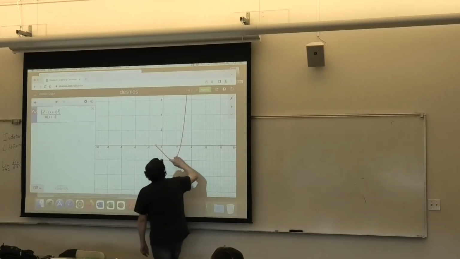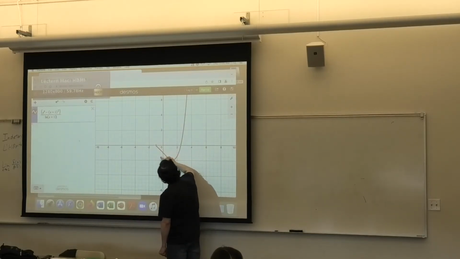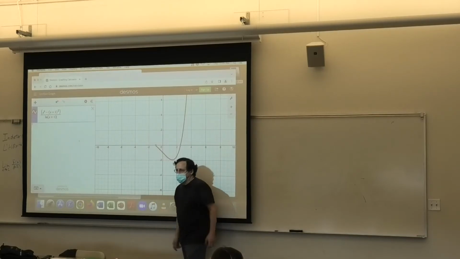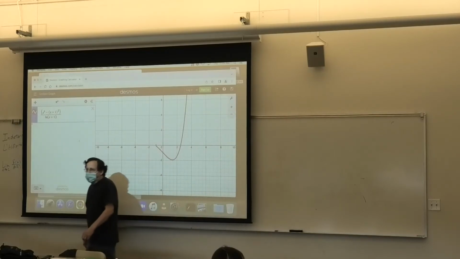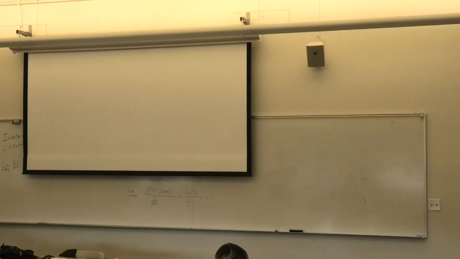We find as x approaches 0, it's negative 1. So that's a good sanity check on your work if you're trying to see, how do you check your work? Well, that's one way.